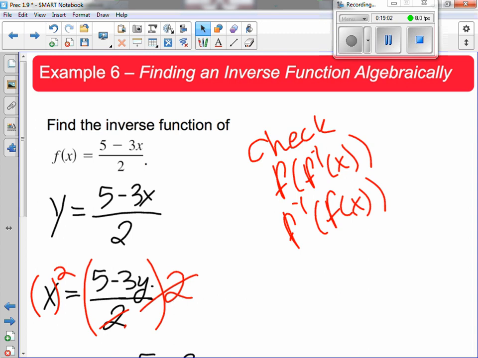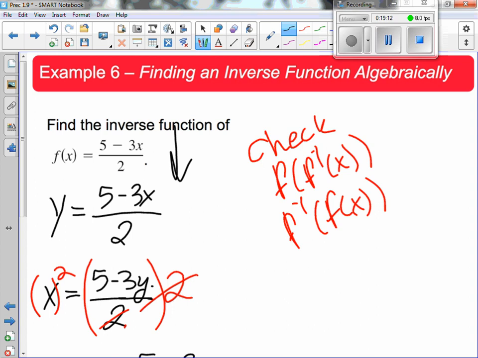But if it's a little complicated, and I feel like I'm going to lose numbers or get stuff not straight, I literally just go through the process of finding the inverse. Even if it gave me the two functions already, and I have a feeling that they're going to be complicated to keep everything straight, I'm going to pick one of them. So I picked that one. Find its inverse. Does it match the other one? Hey, it does. They're inverses. If it doesn't, no, they're not.